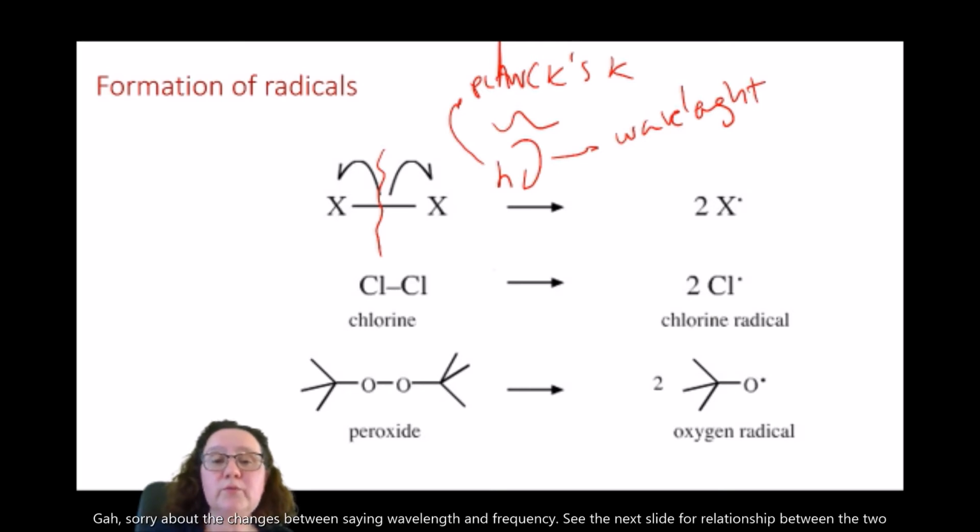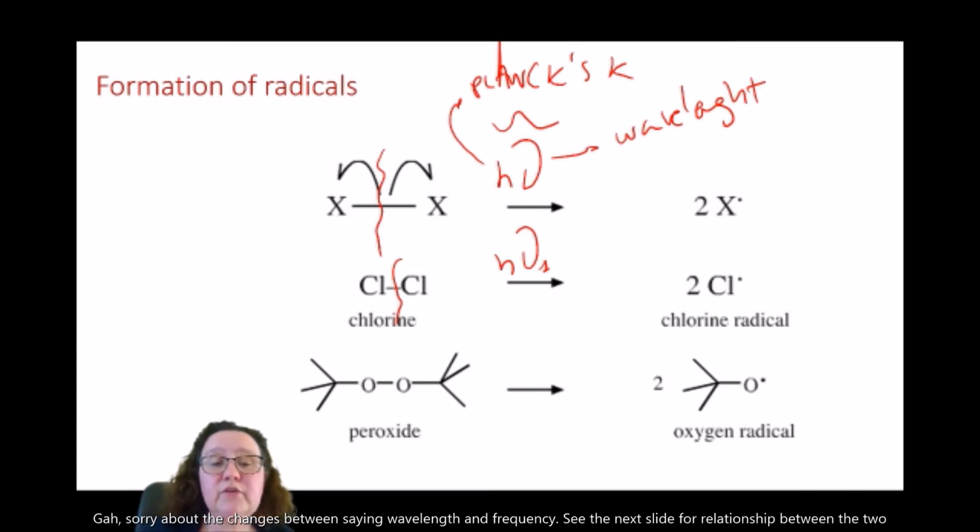So when the right wavelength to break the bond for the molecule of chlorine comes, the bond splits down the middle, and each of the chlorine atoms walks out with one electron, and they become chlorine radicals.